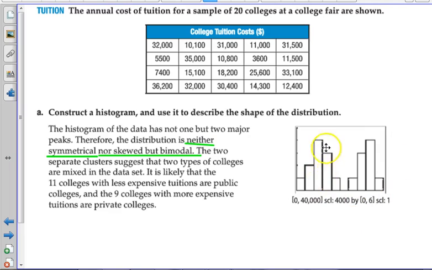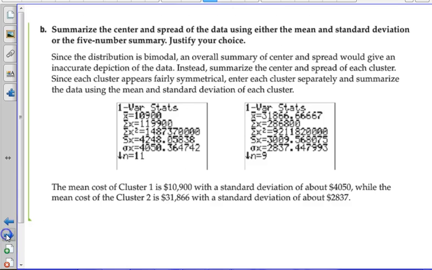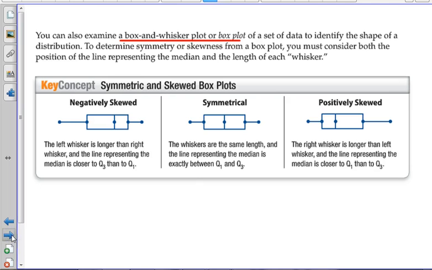Yeah, I would say public, state colleges with lower tuition, and up here would be your private colleges, right? Going to lump together and be a much higher tuition. All right. It says cluster 1, they did them separately. Okay, we're not going to worry about this.